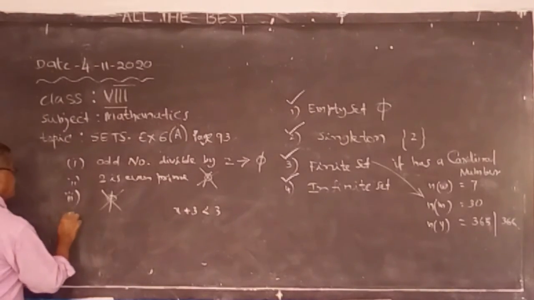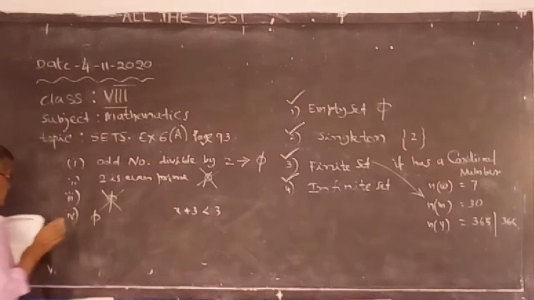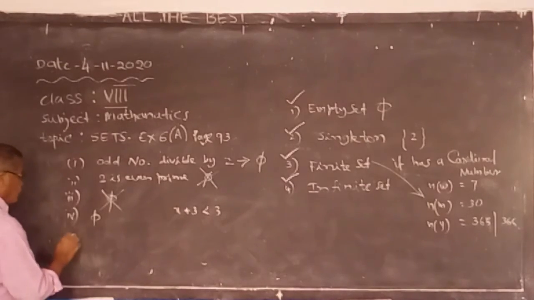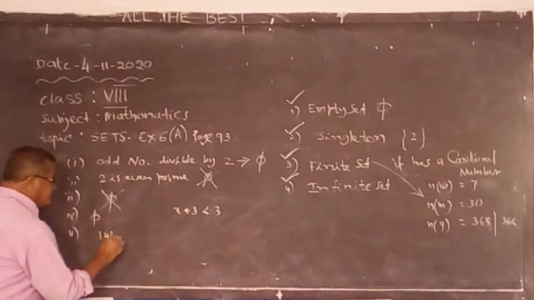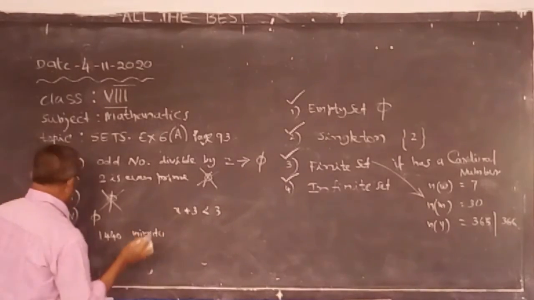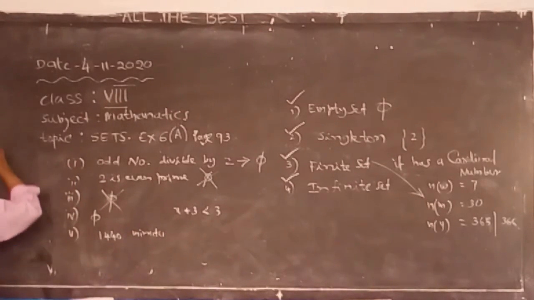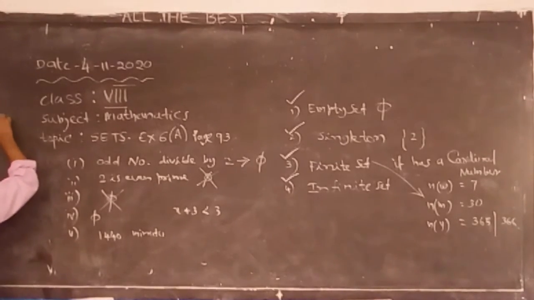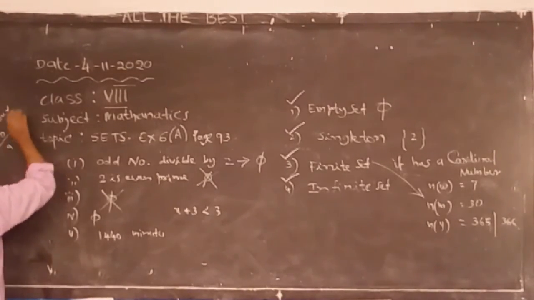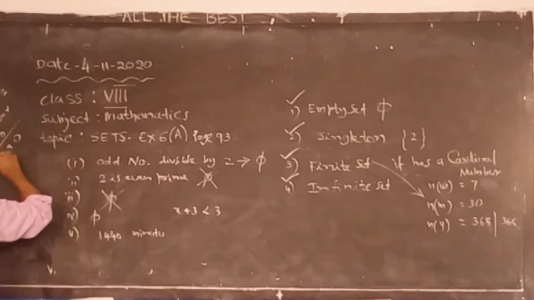Fourth. And fifth, days with 144 minutes. See how many minutes there are: 24 hours, 24 hours into 60.